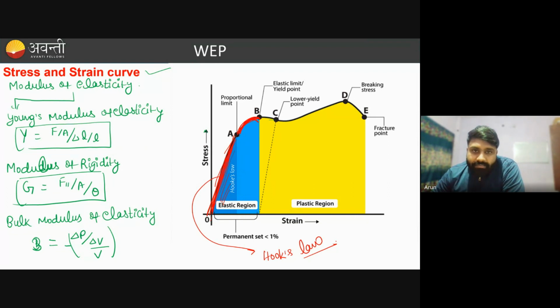Okay. After point B, this point is called the elastic limit or yield point. Okay. After that, if you move on, there is a slight decrease in the stress, but strain is increasing.